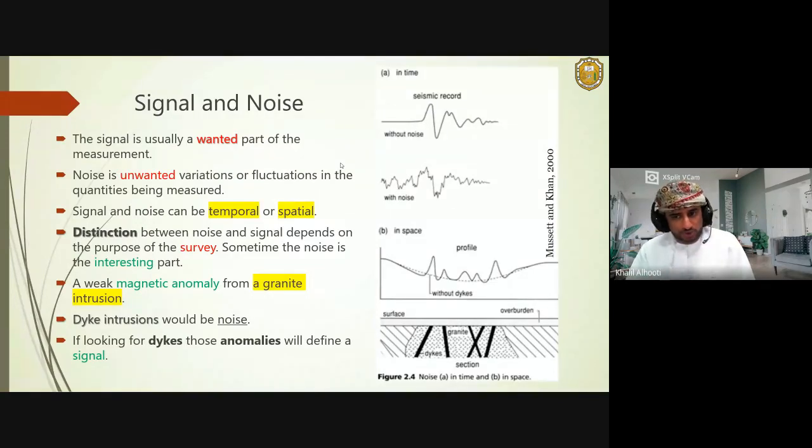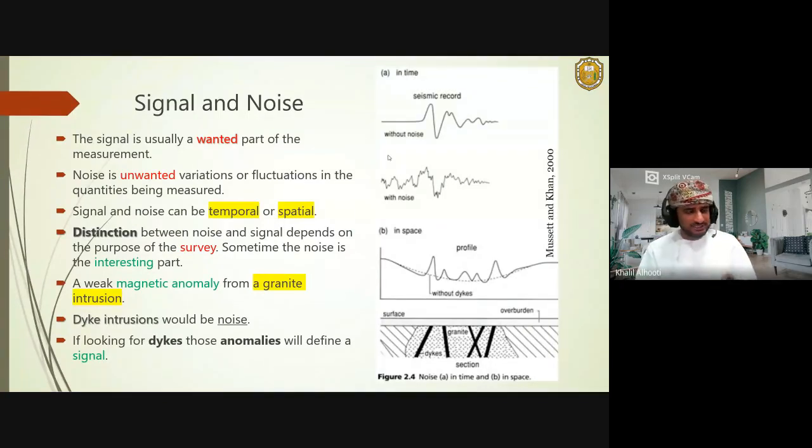So we don't do magnetic surveys during the days whenever there is a magnetic storm. What's a magnetic storm? We'll come back to the point later on. So the signal and the noise itself, both of them are temporal or spatial. Understanding the noise is as important as understanding the signal.